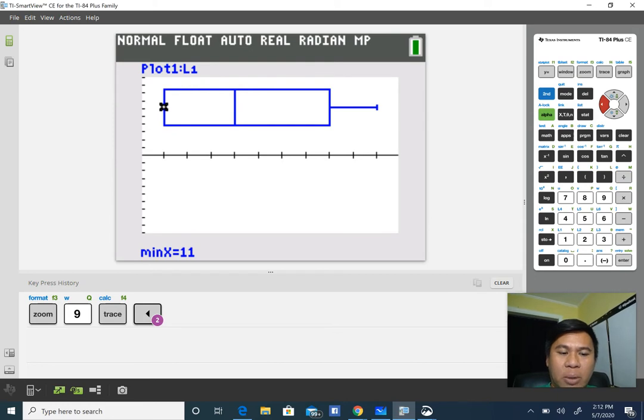If you press left again, the minimum is also 11. So again, the minimum is 11. The Q1 is 11. The median is 14. And the Q3 is 18 and 20. So again, that's 20, 18, 14, 11, 11.